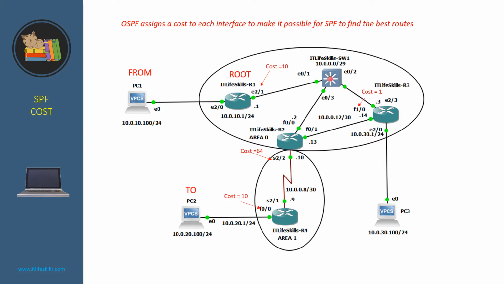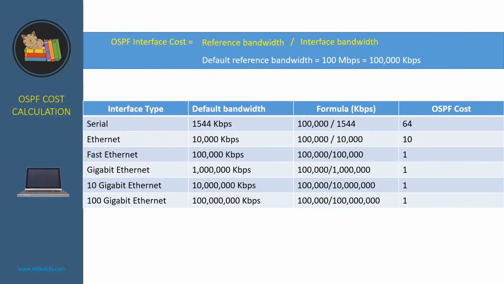In this lesson, we will work with the formula that OSPF uses to calculate the cost for an interface. From there, we will manipulate the cost by changing the components in the formula. Here is the formula to calculate the cost that OSPF assigns to an interface.